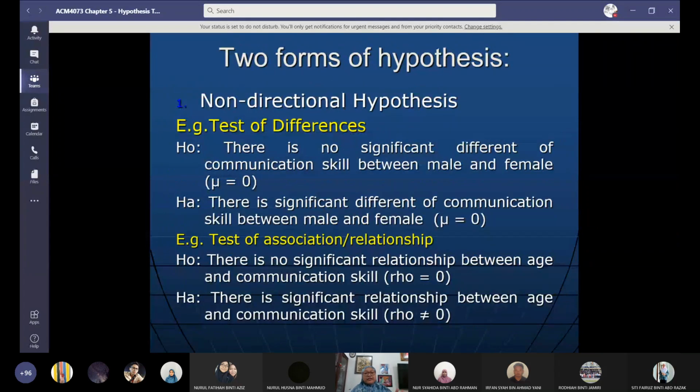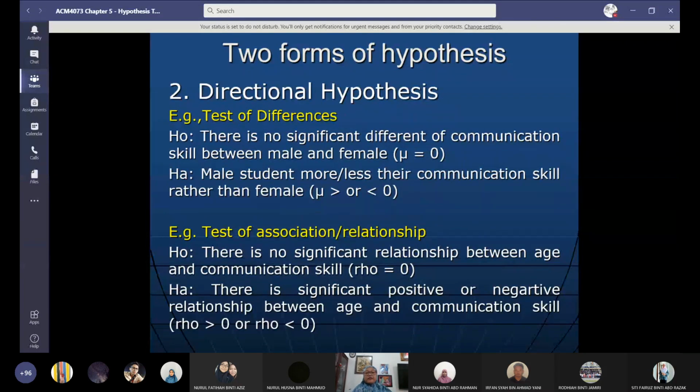There is significant difference. We only say that there is difference, but in directional hypothesis, even better, you have to be very specific which one has greater communication skill, male or female. That is the alternative hypothesis for directional hypothesis.